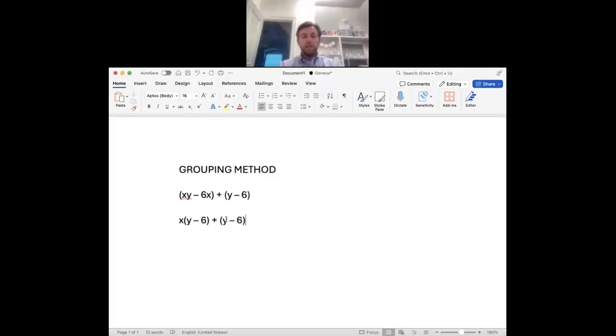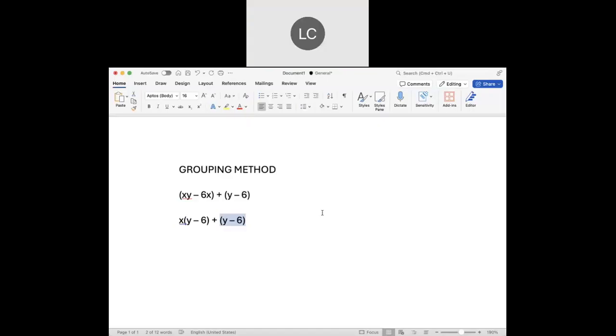Is there a GCF here that I can pull out from y minus 6, the second parentheses? Doesn't seem like it, because there's no constant attached to that variable, so other than 1.